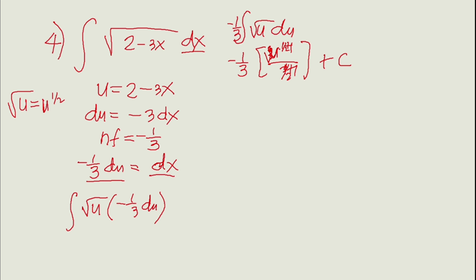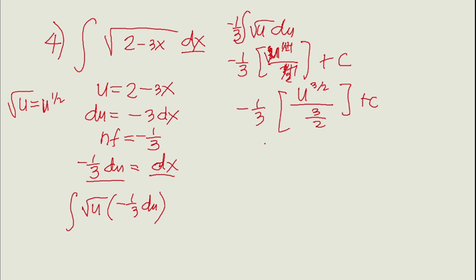So that's why you have u raised to 1/2 plus 1. So negative 1/3, that is u raised to 3/2, since 1/2 plus 1 is 3/2, over 3/2, then plus c.